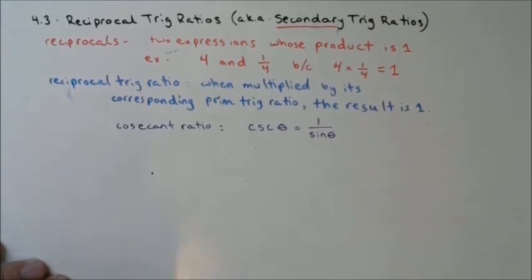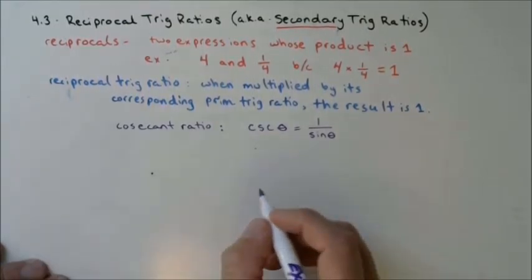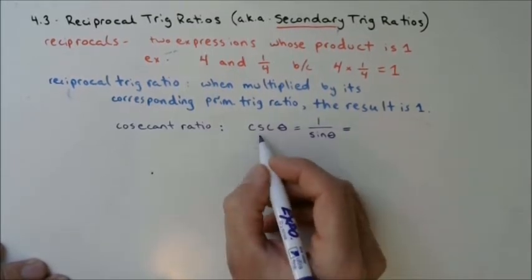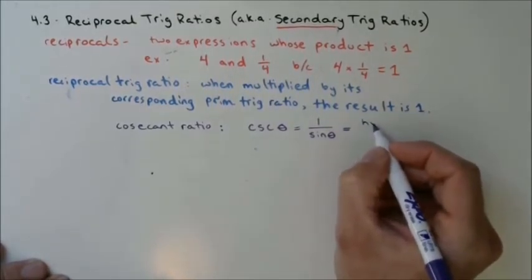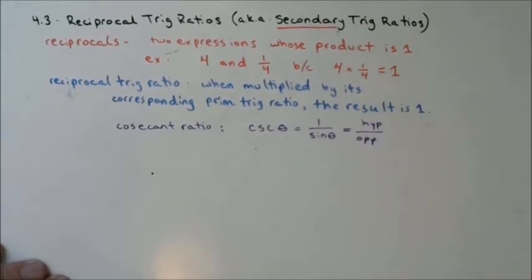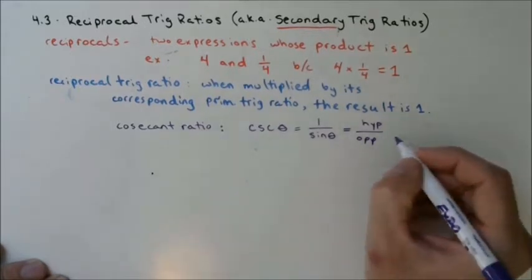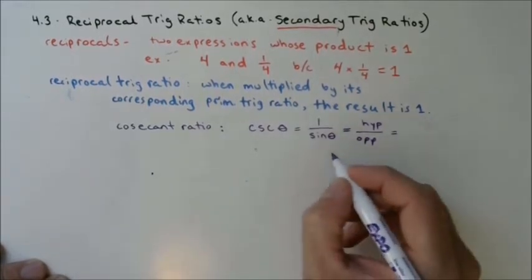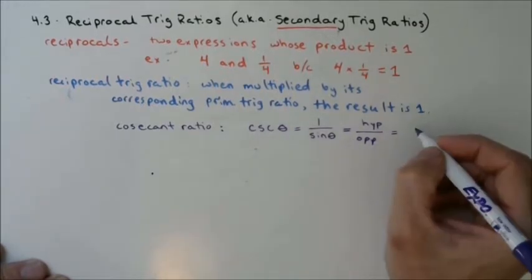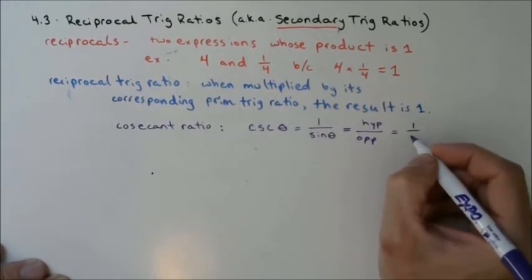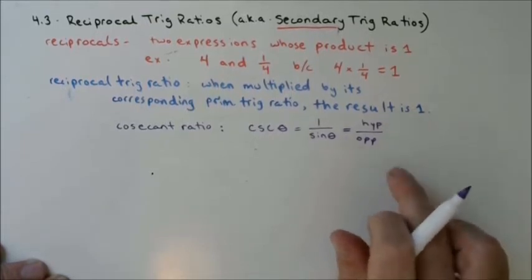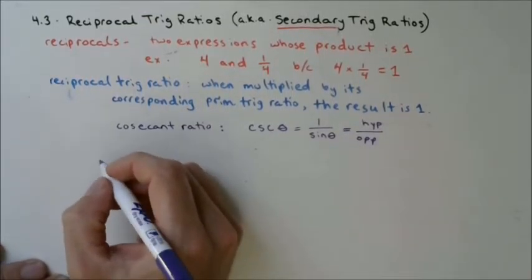And if we're thinking SOHCAHTOA, sine is opposite over hypotenuse. So cosecant is going to be hypotenuse over opposite. Or, for instance, in our unit circle, where sine is equal to y, then the cosecant is 1 over y. That would be just in a unit circle. I'm going to leave that out for our definitions, though.